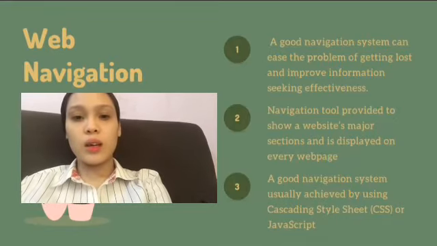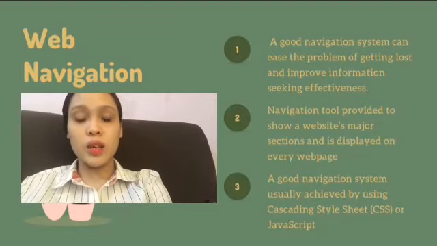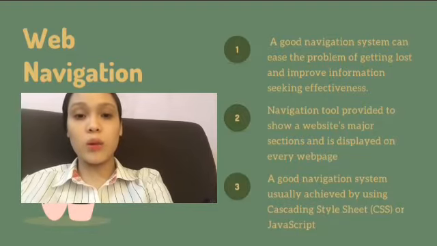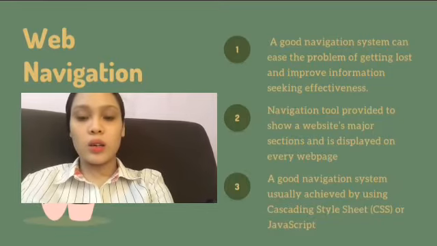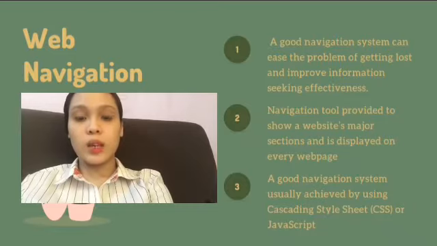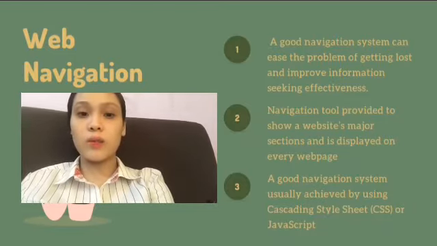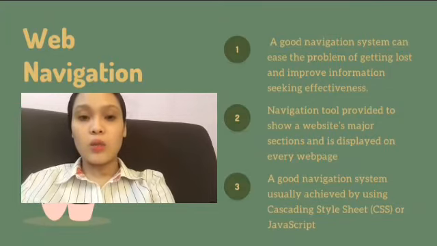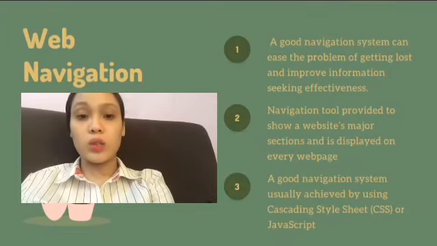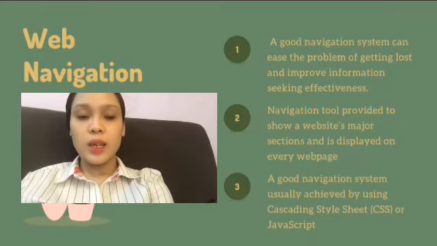This website follows a sequential menu design, which normally provides links to the site's top level sections with only peer level items. The navigation system is designed to stay inside all the time for easy access. The third one is a good navigation system usually achieved by using cascading style sheets, CSS, or JavaScript.